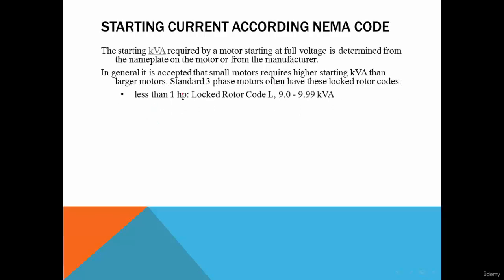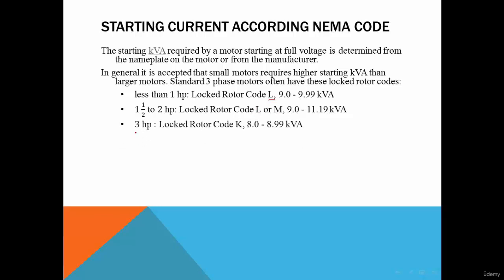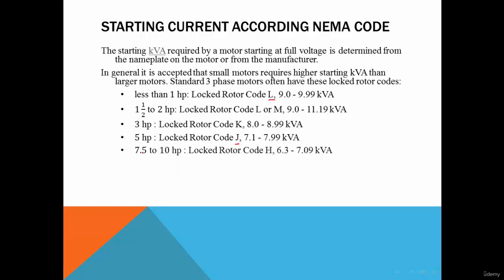If it's less than 1 horsepower, the kilovolt ampere code ratio is L, and if it's between 1.5 and 2 horsepower, we are going to use L or M, and for 3 horsepower use the code K, and for 5 horsepower use code J, and for horsepower between 7.5 and 10 use code H. And finally, if you have a horsepower greater than 15, you use the code G. Of course, the smaller motor requires higher starting kilovolt ampere.